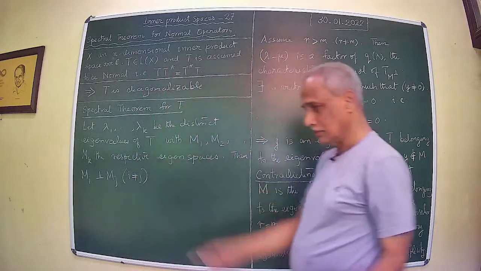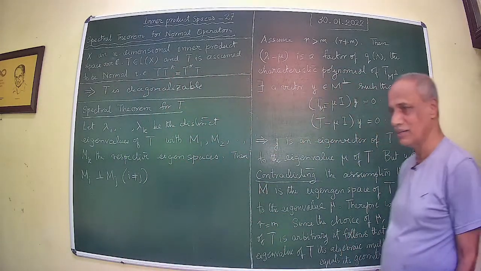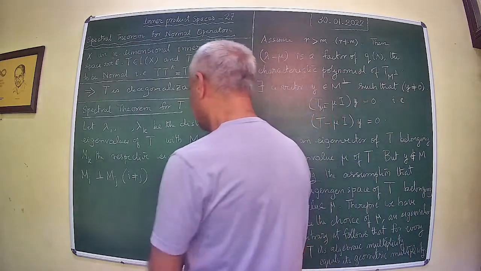That means eigenvectors belonging to distinct eigenvalues are orthogonal. So that is a consequence of that.